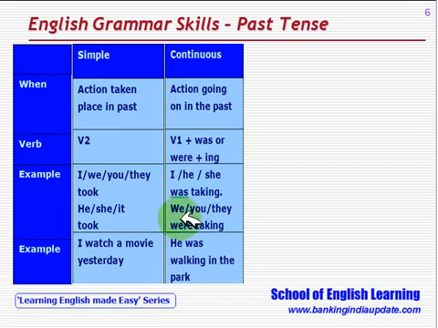Or we were taking, you were taking, they were taking. Another example, he was walking in the park. Was, walking, first form plus ing. So past continuous. It is used where action was going on in the past. First form of verb is used along with was or were plus ing.